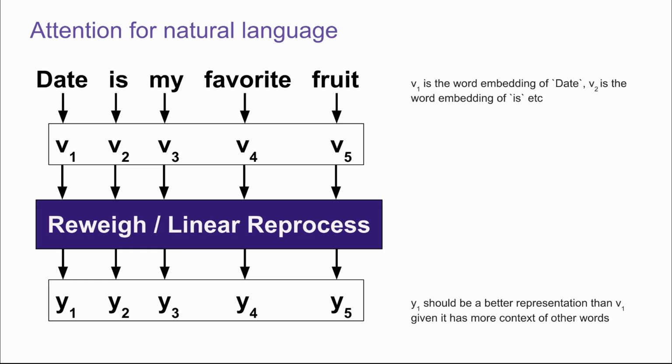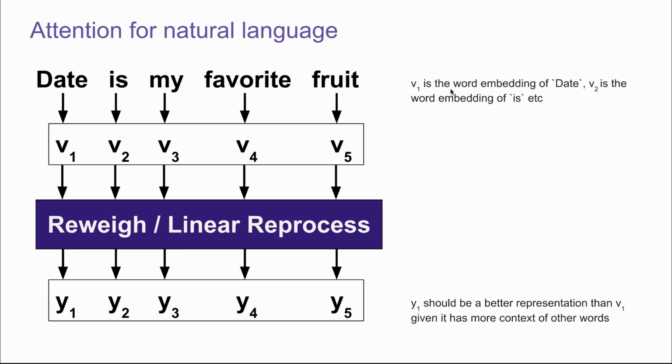So let's move on to the next one. Let's say here is a black box of reweighing and linear reprocessing. We first partition "date is my favorite fruit" into different word embeddings, so we can do mathematical processing on this natural language.